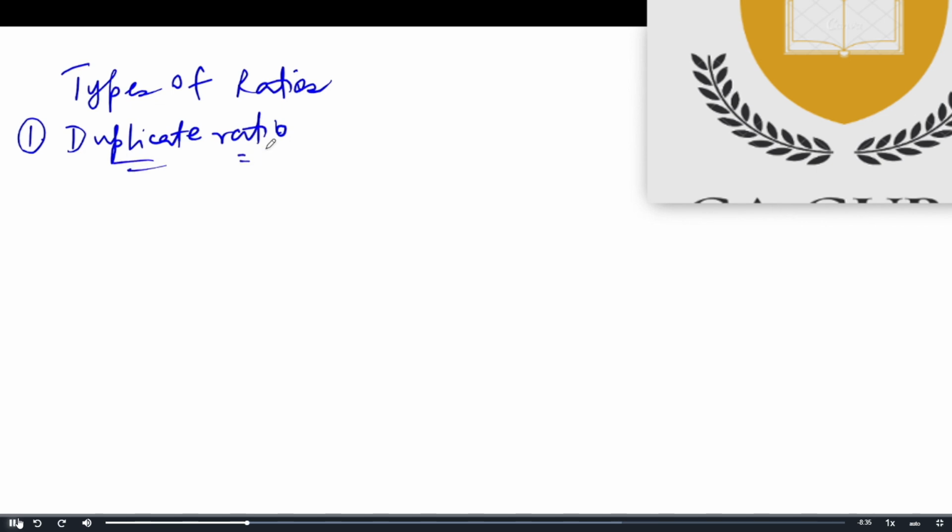Now what do you mean by duplicate ratio? Duplicate ratio means the square of the original ratio.